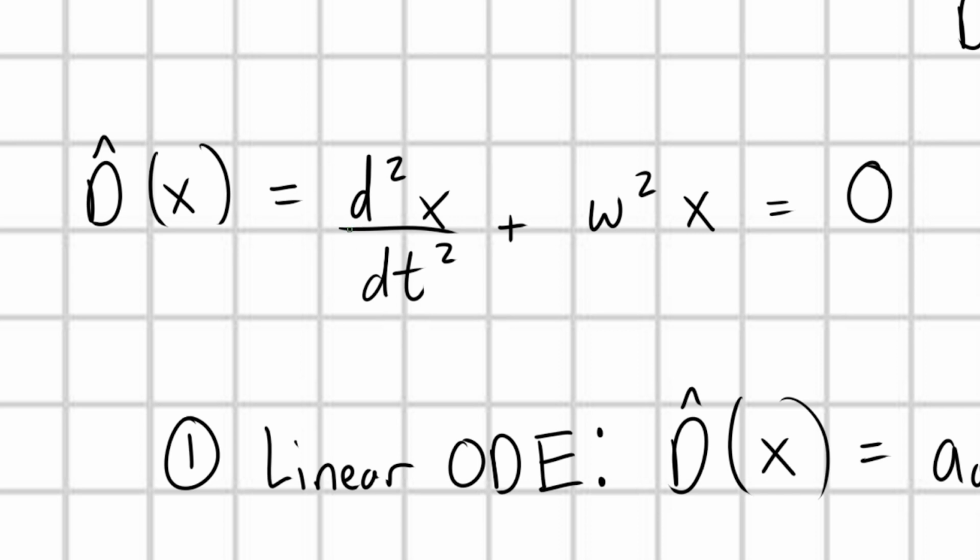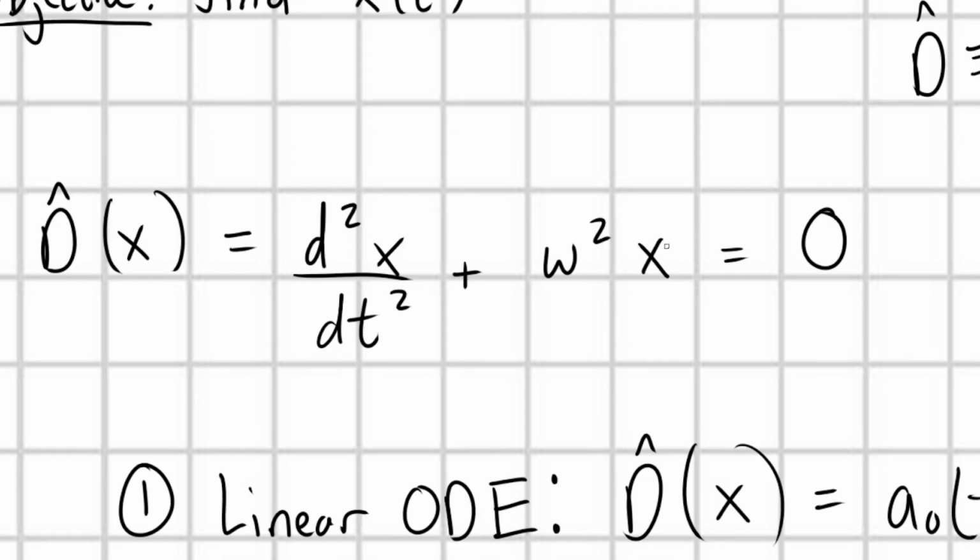Probably the opposite sign, right? Because it needs to cancel out with omega squared times x, right? But somehow when I take the second derivative, I need a function that still looks exactly like x in order for this and this to actually cancel out with each other. Can we think of a function that does that? When we take derivatives of it, it looks similar to our original function?